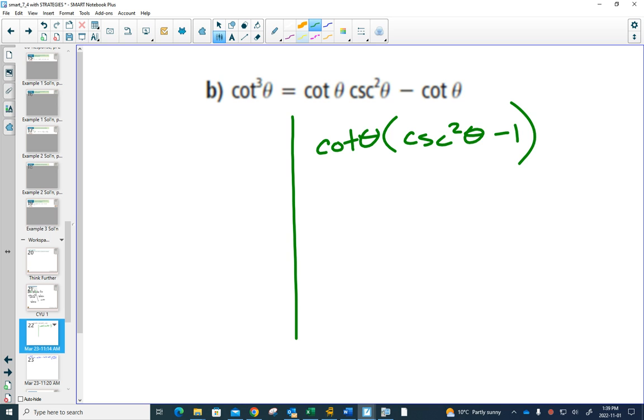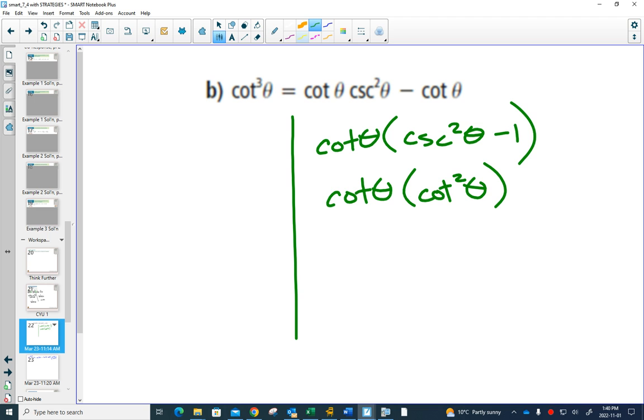Now, can you see that with one mental math strategy, you can get cosecant squared minus 1 in that formula? One mental math strategy, move the 1 over. What would it equal? It would equal cotangent squared theta.